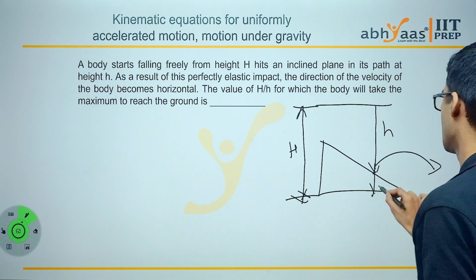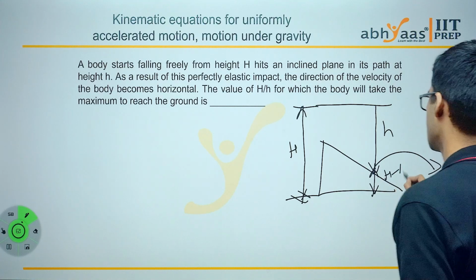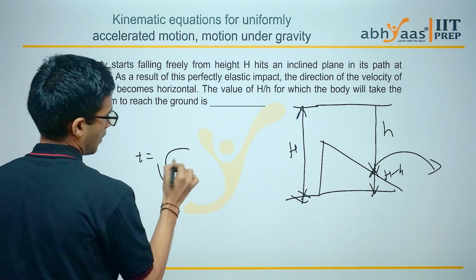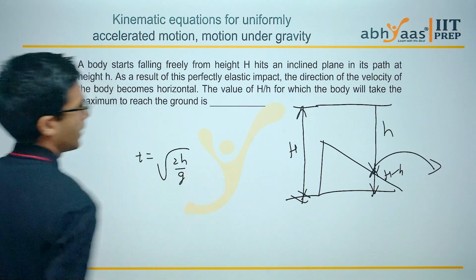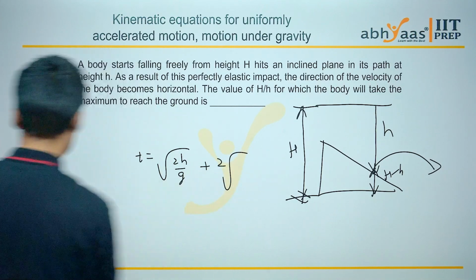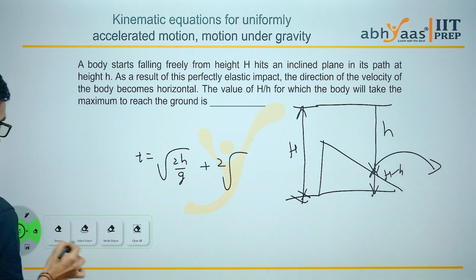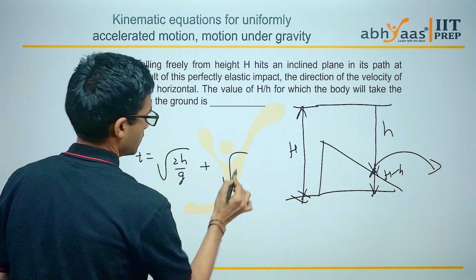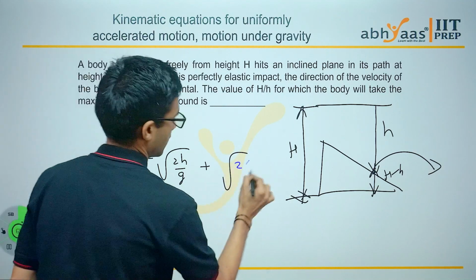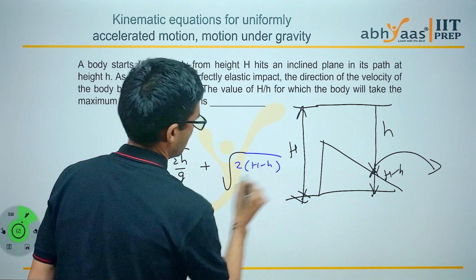That means the remaining height is H minus h. Now time is equal to root of 2h by g plus root of 2 of H minus h by g.